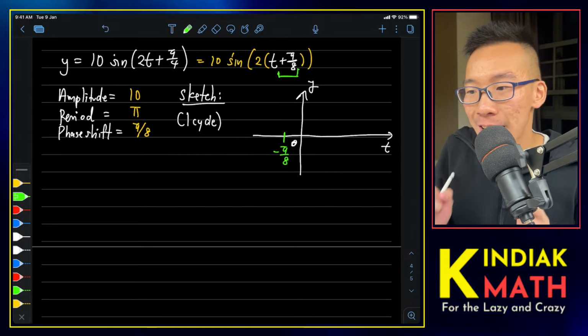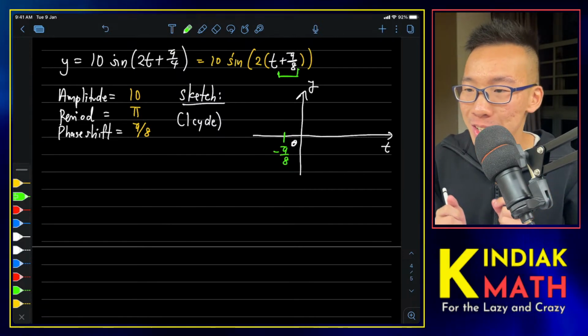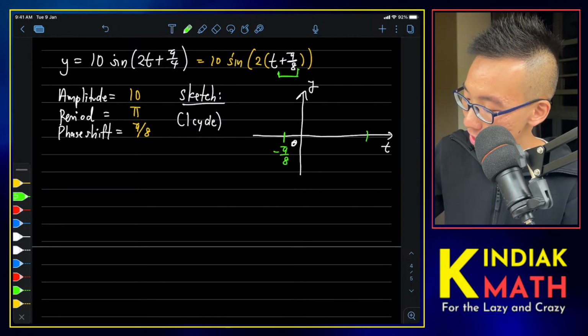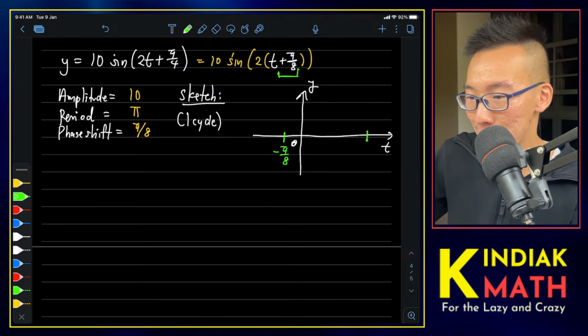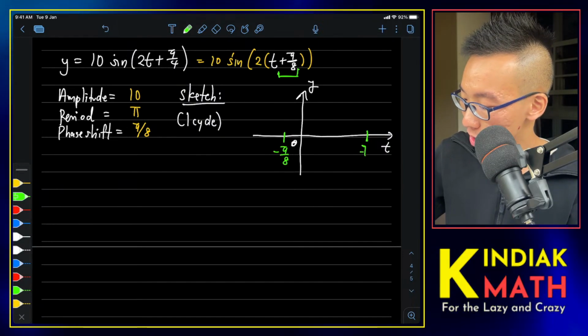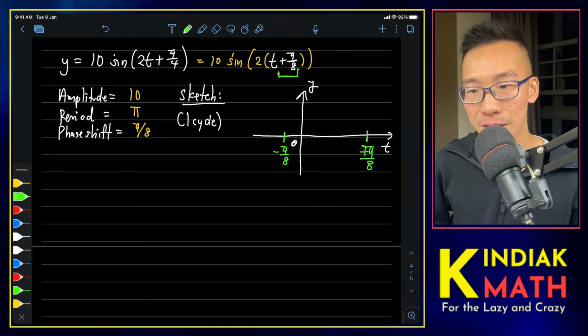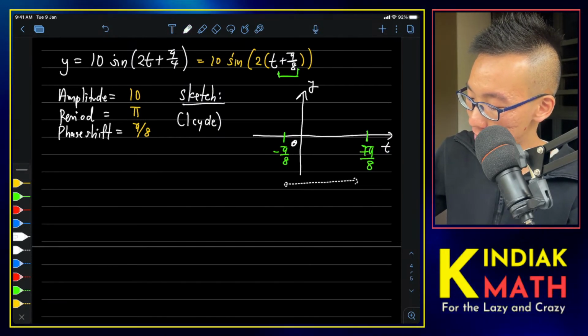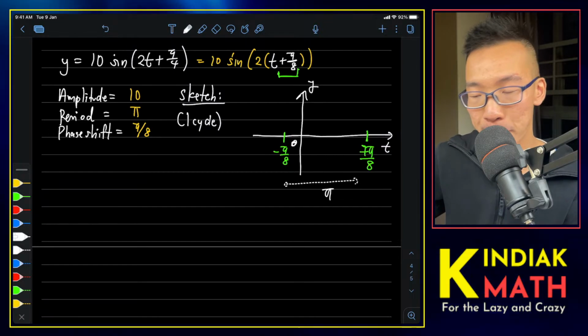How long is 1 cycle of a sine wave? Well, that's simply the period. So we need to complete our cycle by taking minus pi over 8 plus pi. Right? That's 7 pi over 8. The idea is that this over here should have a time interval of pi.